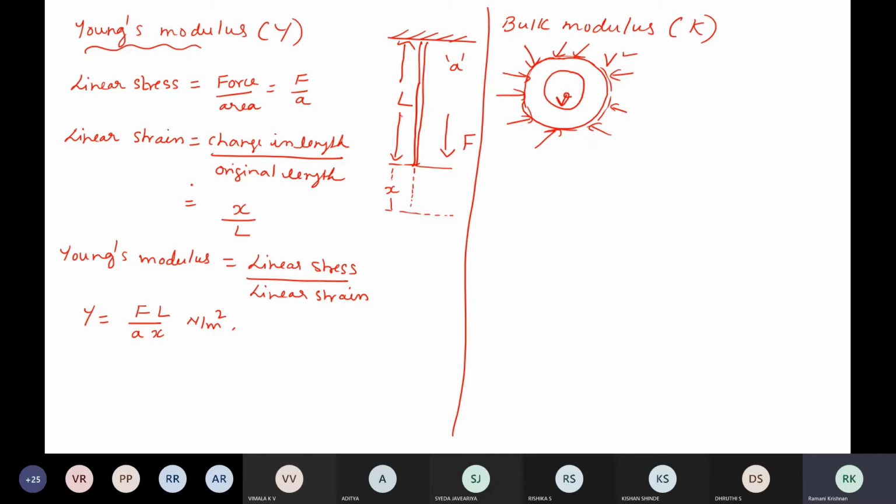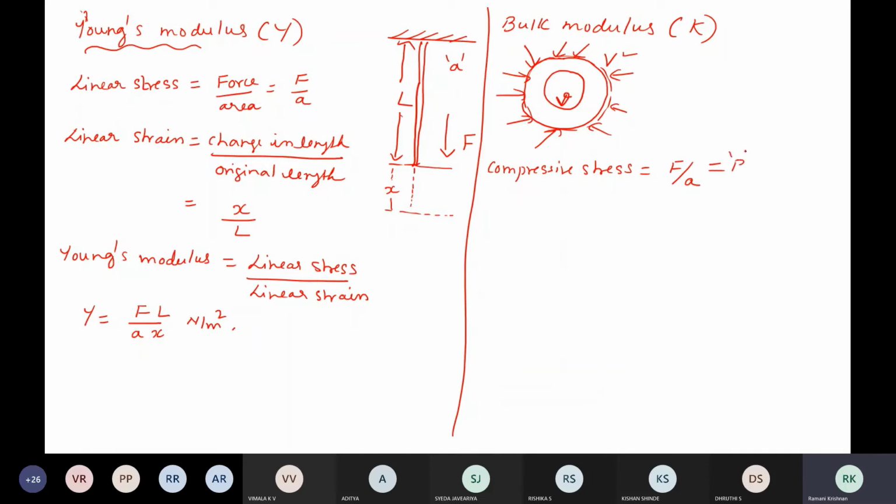So let us now define compressive stress. Compressive stress is defined as force per unit area acting on the body, or it is a pressure. Force per unit area is nothing but pressure.